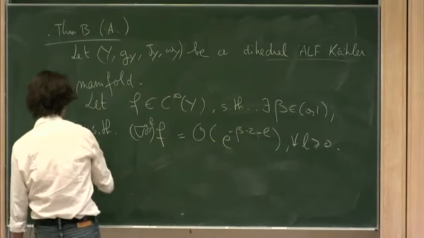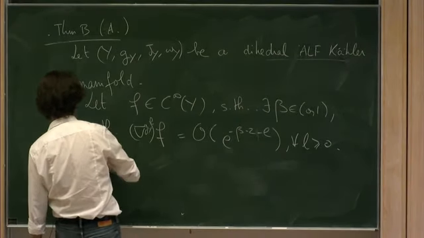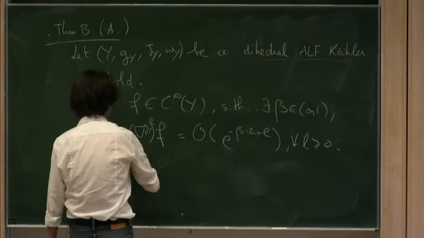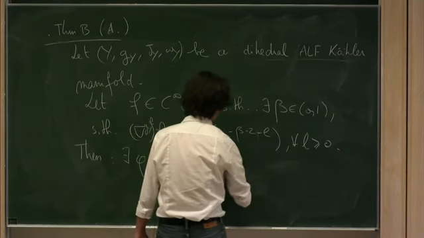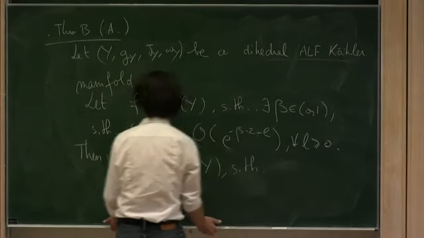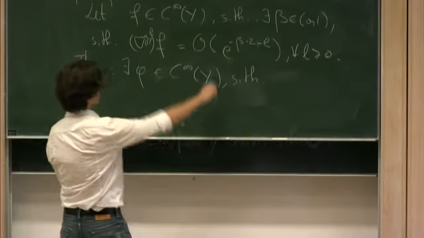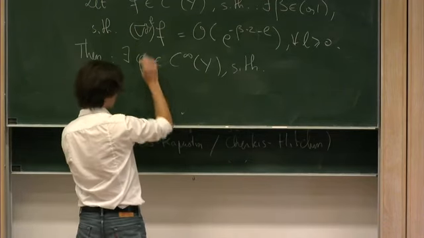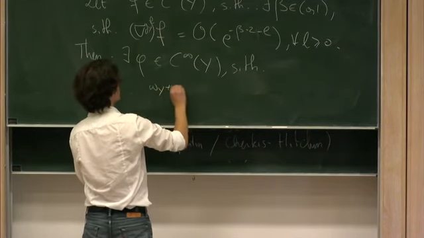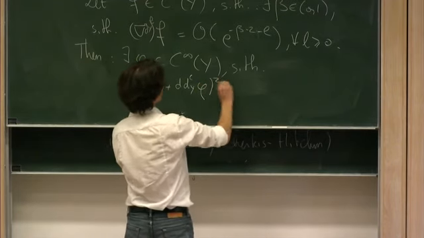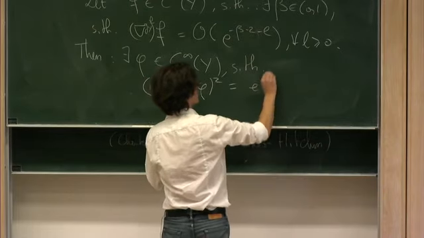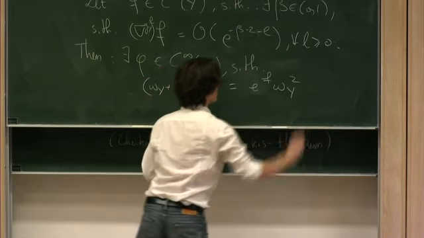Okay, so then there exists some smooth function phi which solves the following equation: omega Y plus ddc_Y phi, squared, equals e to the f omega Y squared.